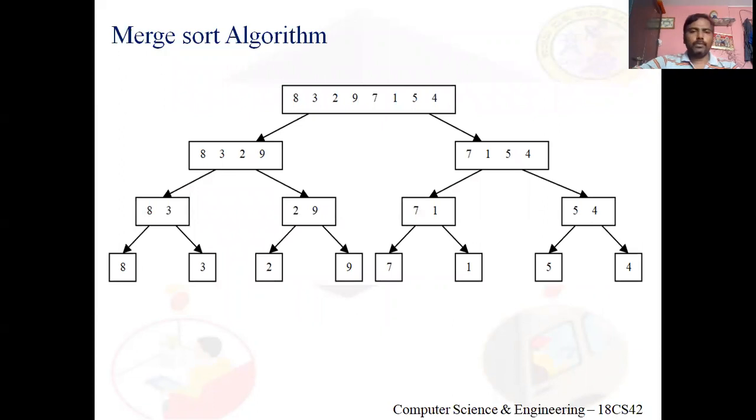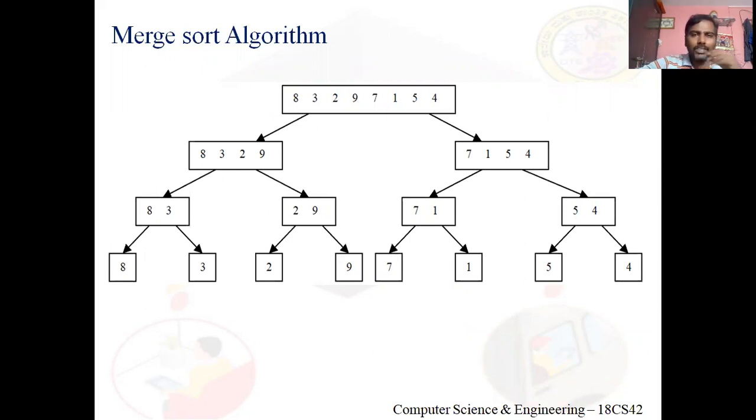See here, how many elements are there? 8 elements: 8, 3, 2, 9, 7, 1, 5, 4. Clear? Look at the root node, the first level. There are 8 elements, and this represents an array. This is the input array I need to sort.